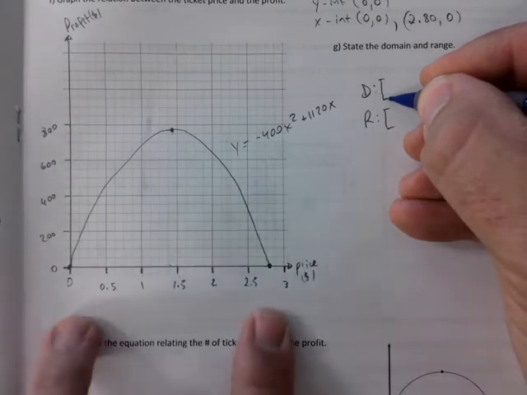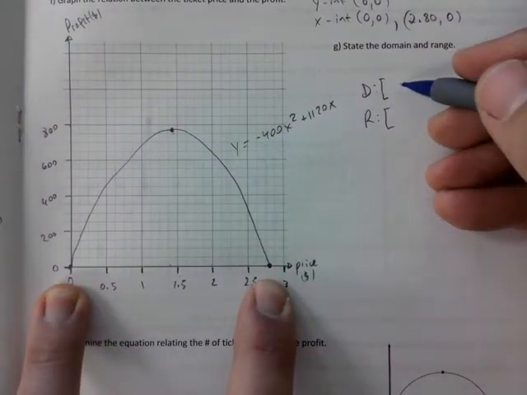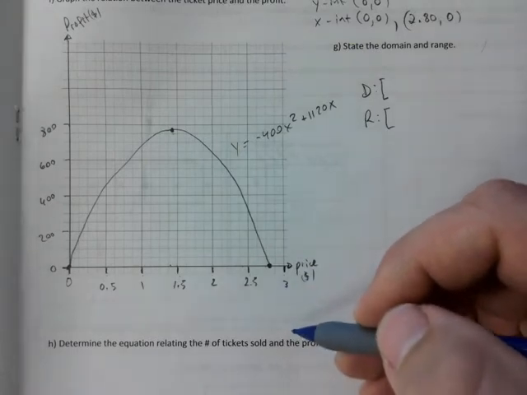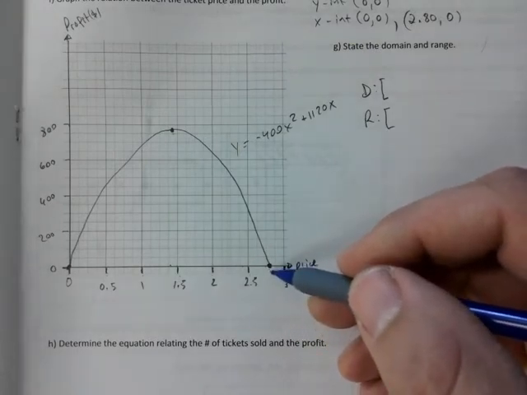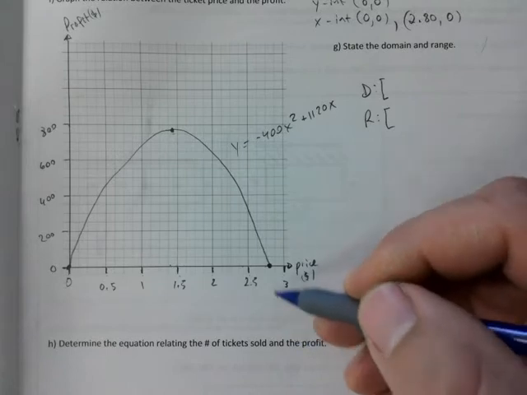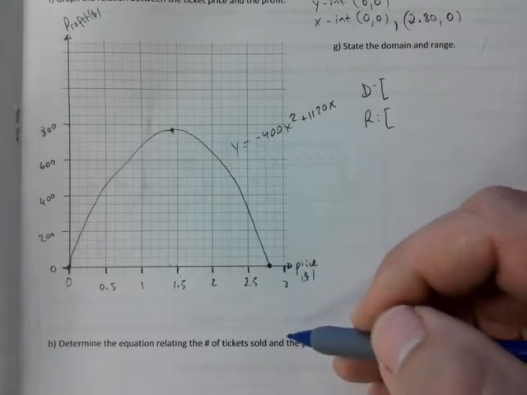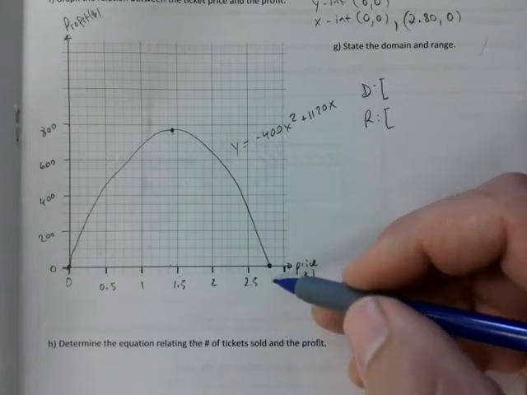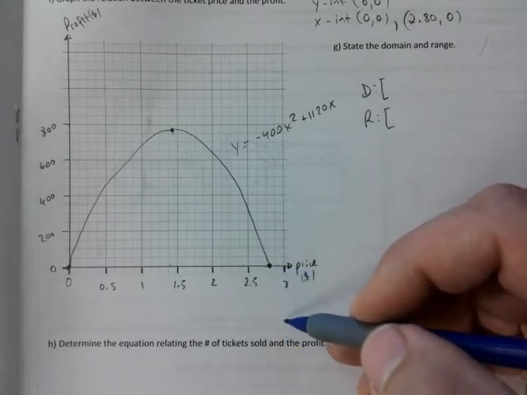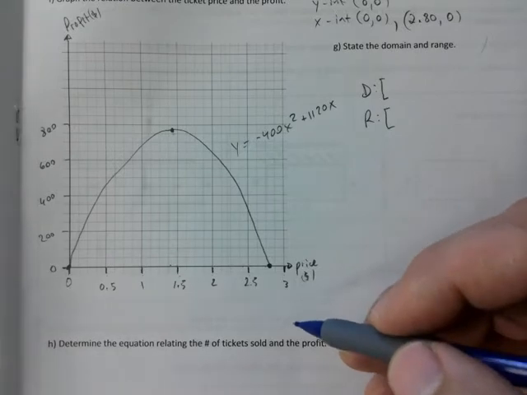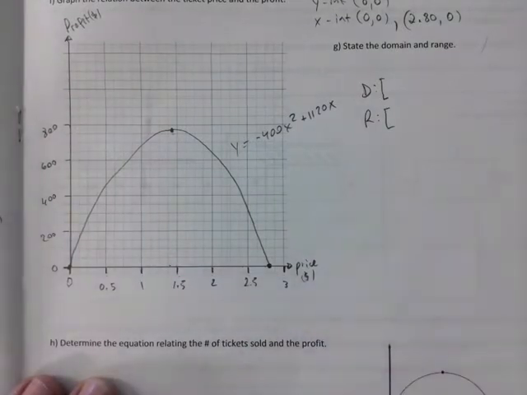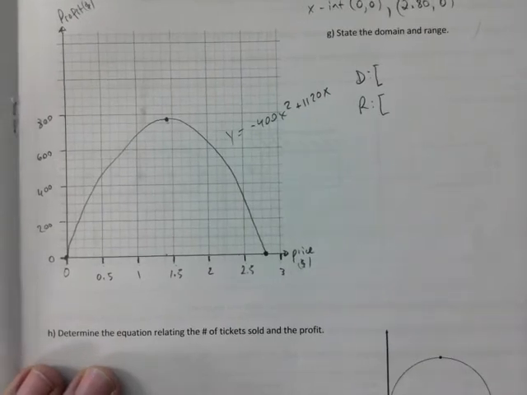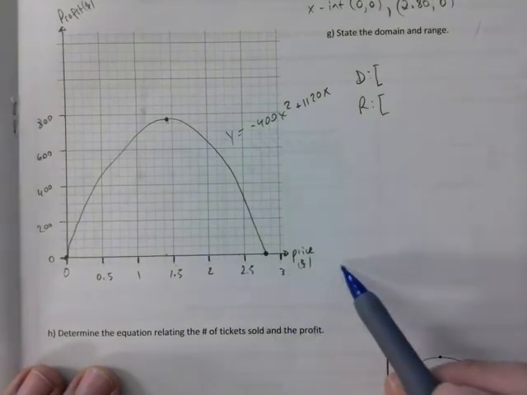My domain is the acceptable x values for this graph. Notice we're not going into the negatives. You could, right? Technically, you could go into a deficit, right? You could be losing money. I would have to be very clear with that in the question. I would indicate like what price would you end up losing money, right? Or what would be the profit if you sold it for like $4, right?